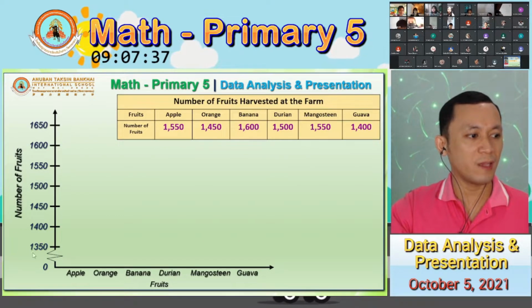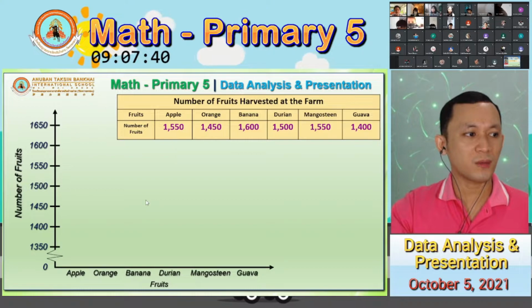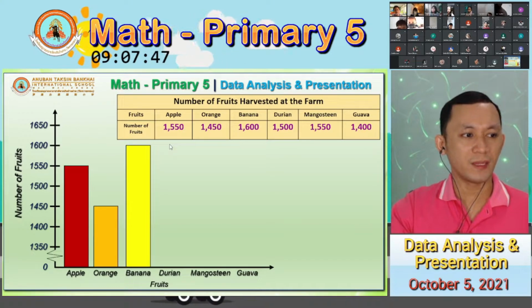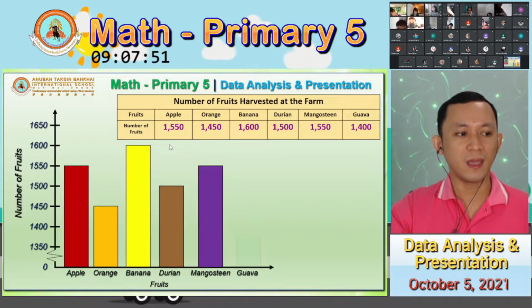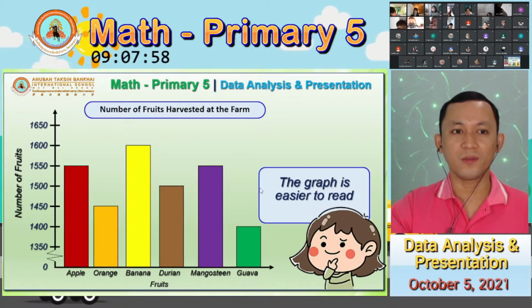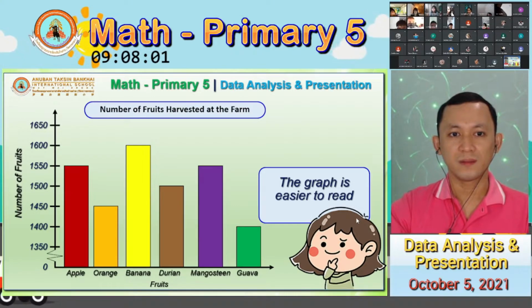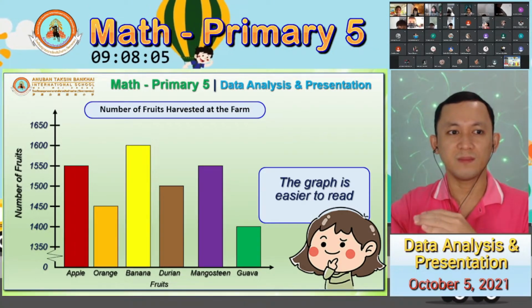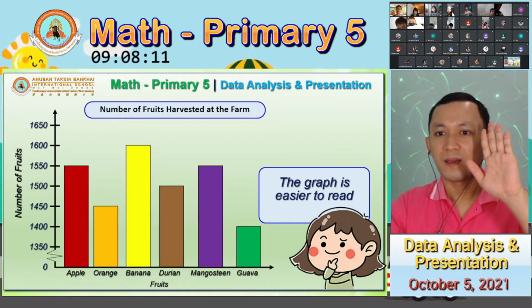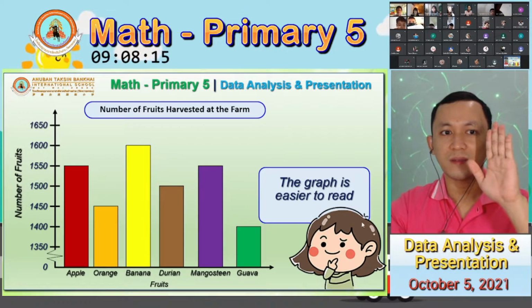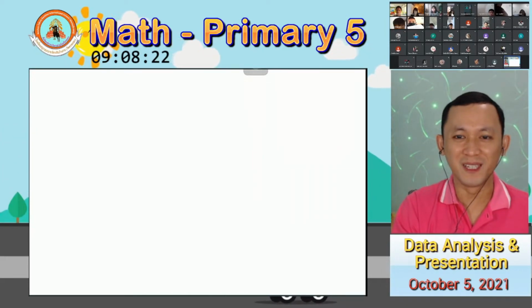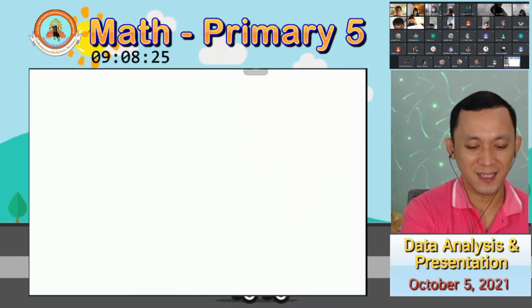We have our labels and data groups, so we can write the apple, the orange, banana, durian, mangosteen and guava, and of course our title. This is easier and uses only one sheet of paper. Do you understand? Any question about kink?